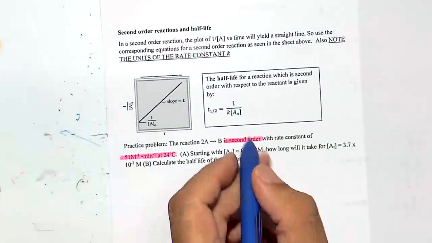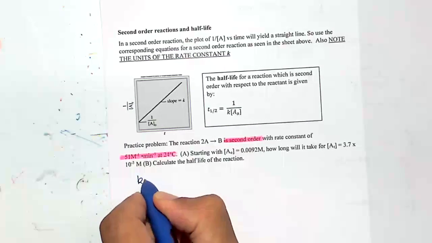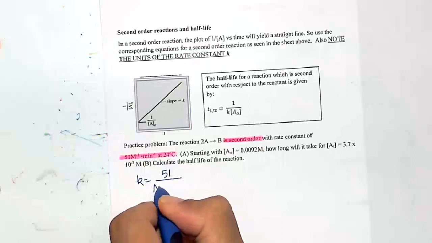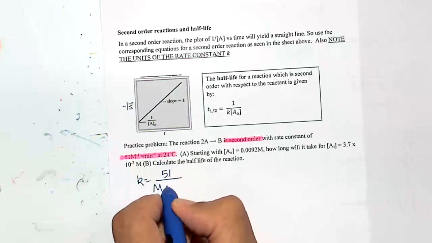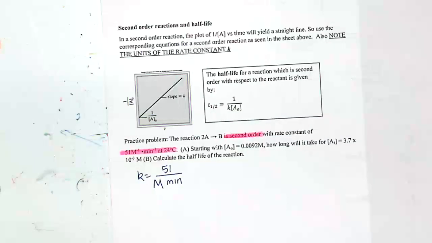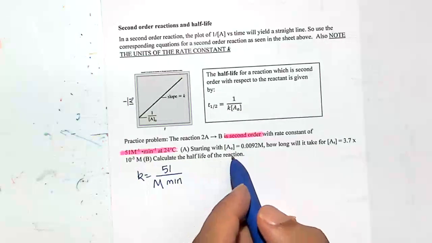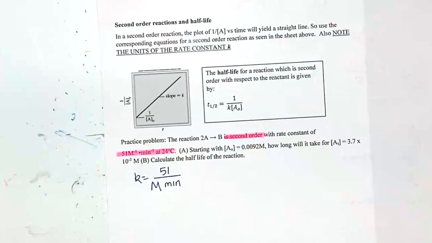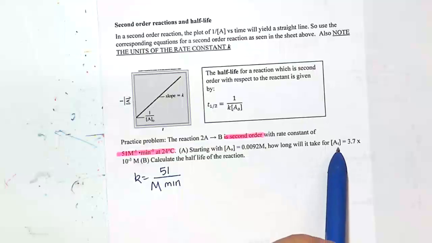I just want to reiterate that this is the same thing as 51, where we can take the molar and the minutes down into the denominator. It's second order, starting with initial concentration 0.0092. How long will it take?